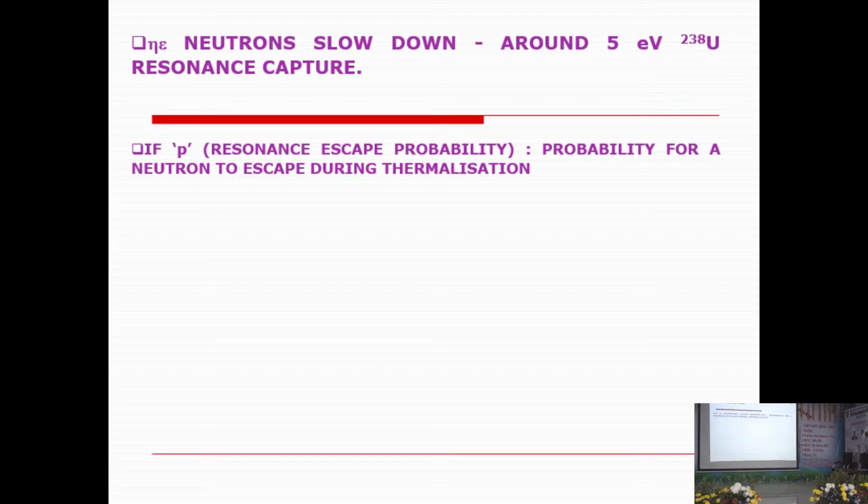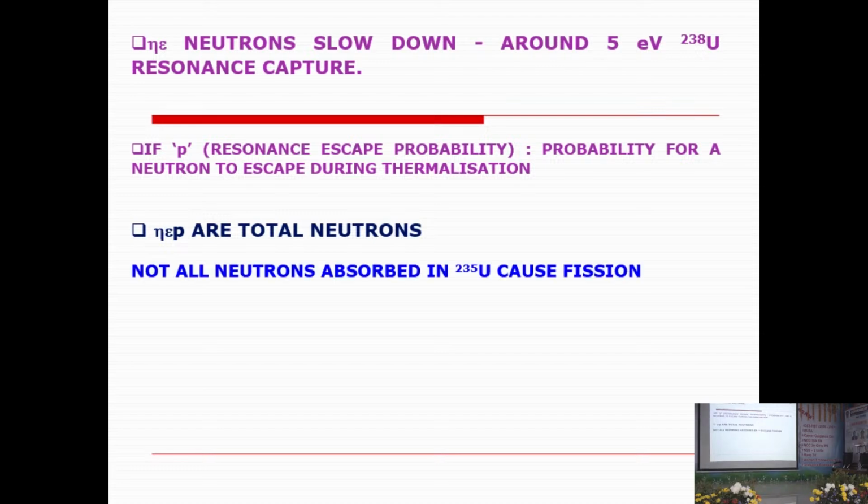From that it has to escape, so we have to consider the resonance escape probability, the probability of a neutron to escape capture during thermalization. Now the number of neutrons available is eta into epsilon into P.